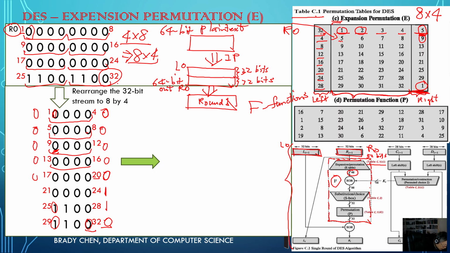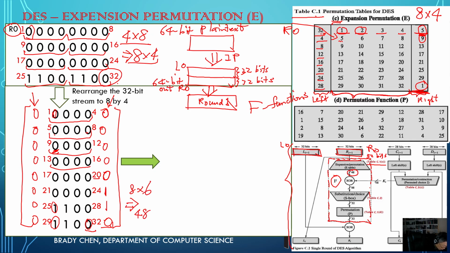Index 16, index 20, index 24, and index 28 are all 0. So we basically added 2 columns. That makes the matrix 8 by 6, which contains a total of 48 bits.